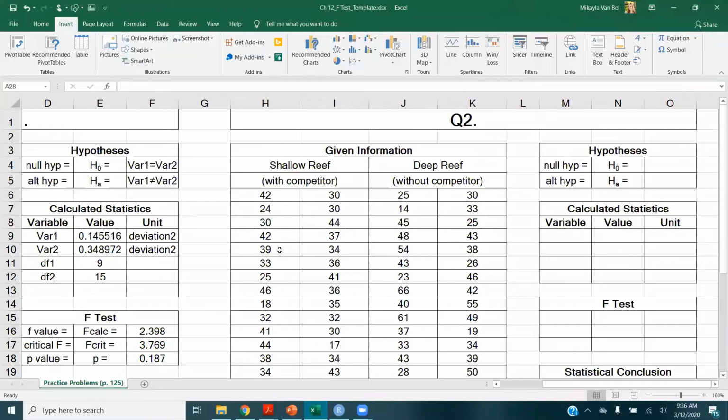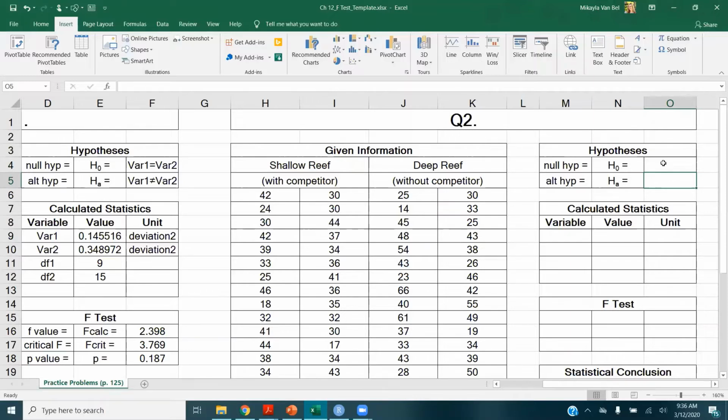We have our same given data. In this example, the interest is in whether there is a decrease in the variability. This would mean we want to perform a left-tailed test. Remember, with hypotheses, it's usually easier to start by writing the alternative hypothesis because it matches the direction of our test.